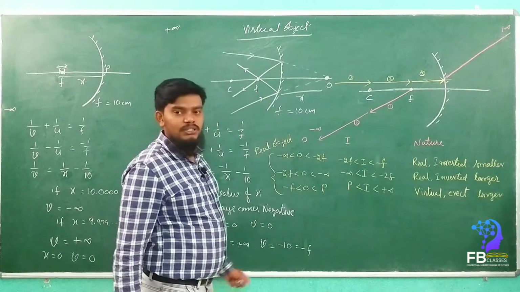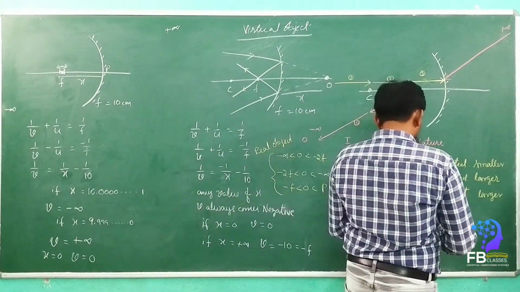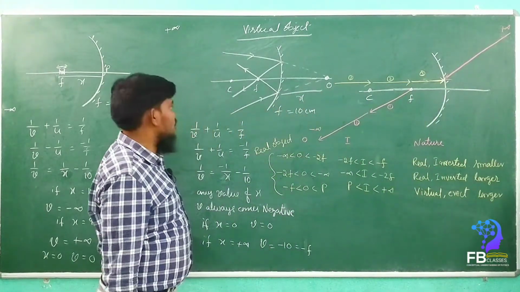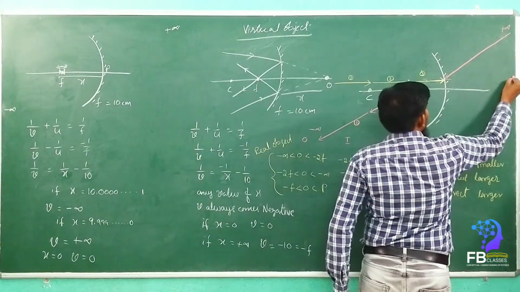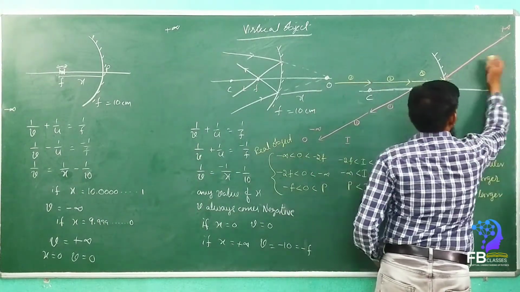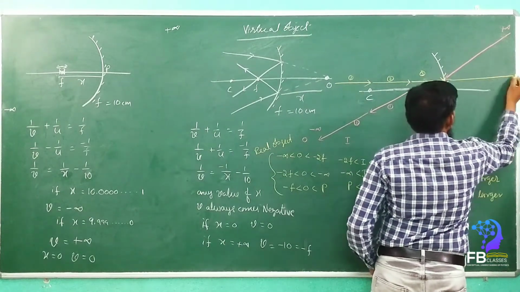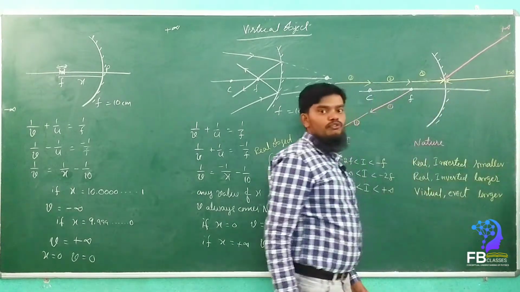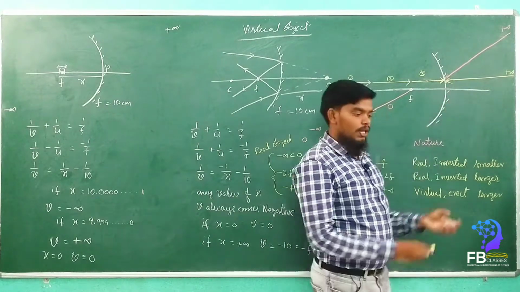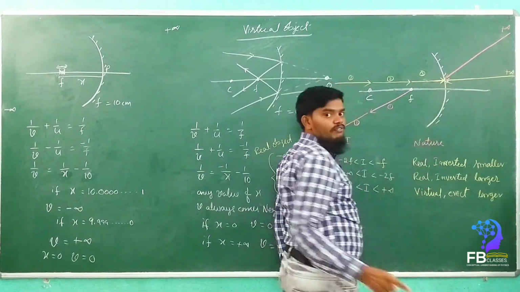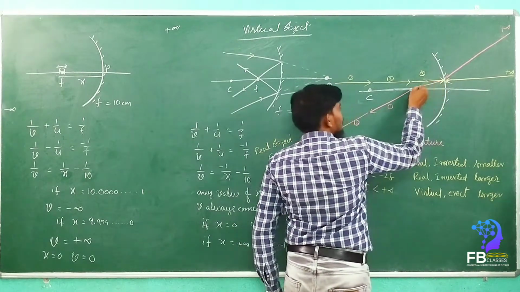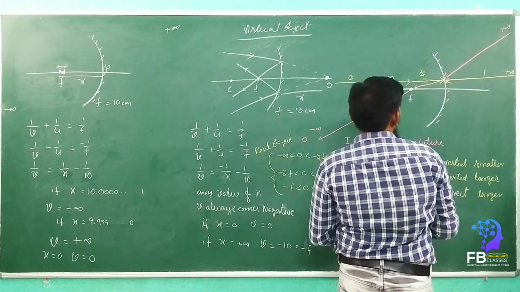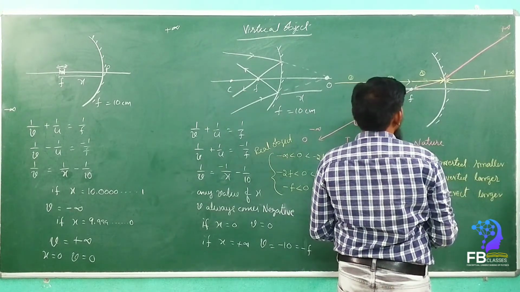Now if you go for the virtual object, when the object is moved from positive infinity to pole, then the image will move from where to where, my dears? From pole to principal focus. This is the fourth case. Yes or no? Yes, sir. Are you getting my point?